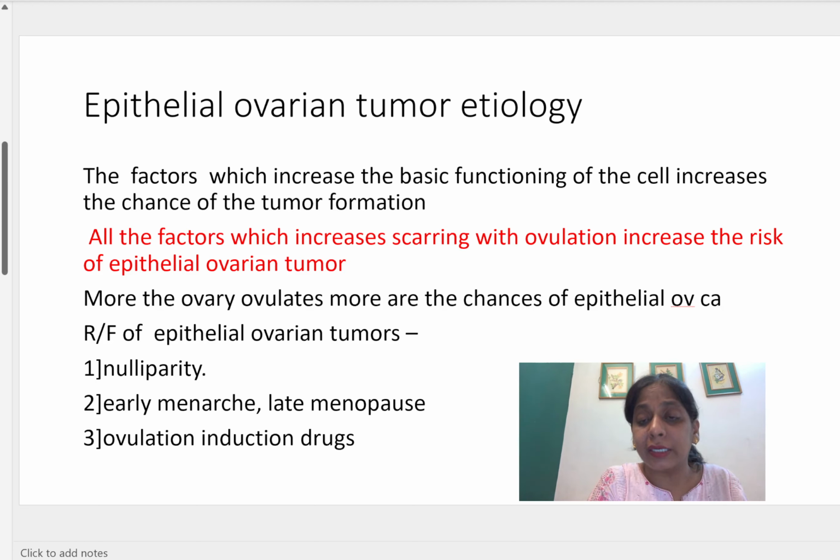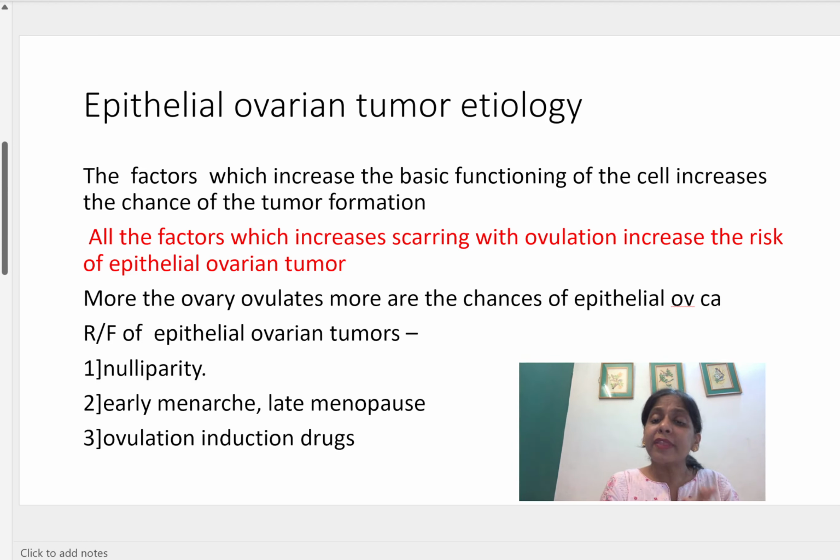So what are the conditions in which a patient ovulates more? When the patient is nulliparous. During pregnancy, you know that ovulation stops for 9 months, and later ovulation stops for one more year due to lactational amenorrhea and the contraceptives the patient usually takes for spacing. So one pregnancy means that the lady's ovulation rests for at least 2 years.